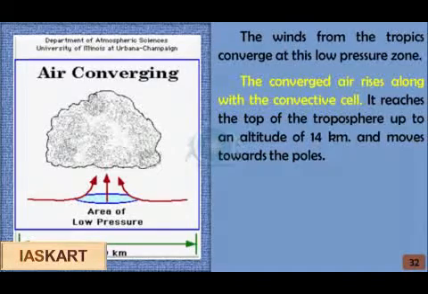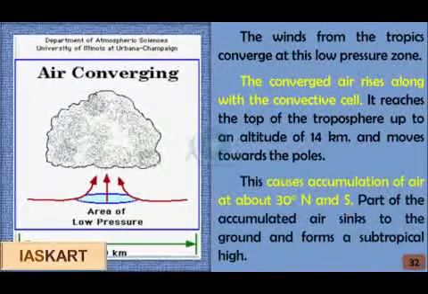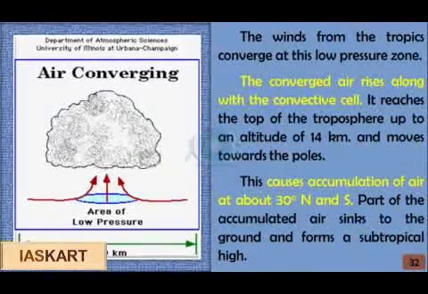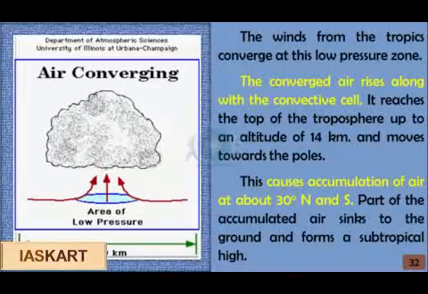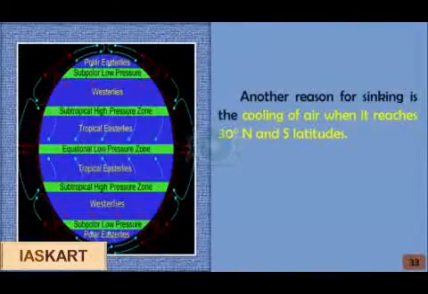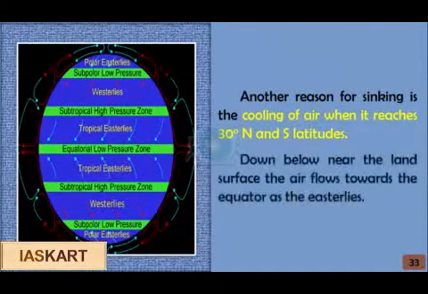It reaches the top of the troposphere up to an altitude of 14 kilometers and moves towards the poles. This causes accumulation of the air at about 30 degrees north and 30 degrees south. Part of the accumulated air sinks to the ground and forms a subtropical high. Another reason for sinking is the cooling of air when it reaches 30 degrees north and south latitudes.